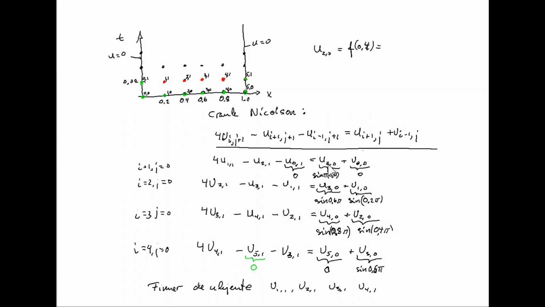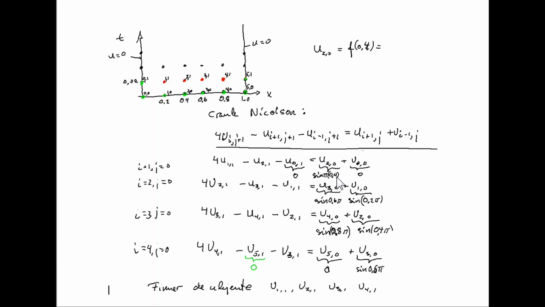This value u20 is the value here, which we know is assigned to sine pi 0.4.